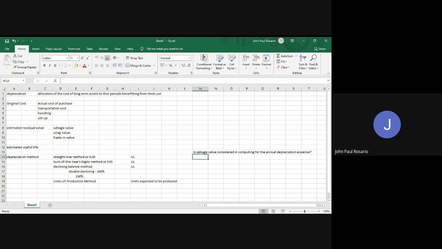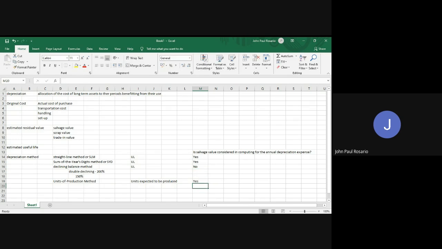For our SLM method, yes, it is considered. For our SYD, yes, it is considered. For our declining balance method, it's not considered. For our units of production, it's also considered.